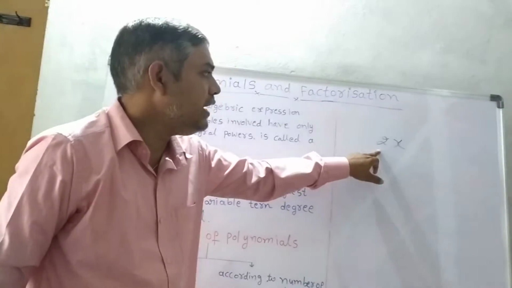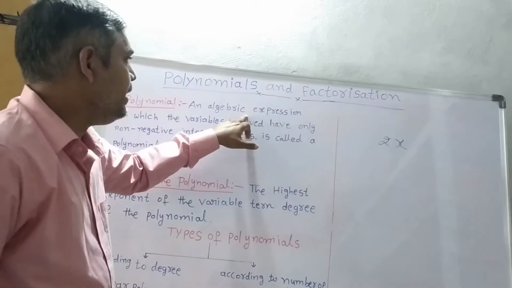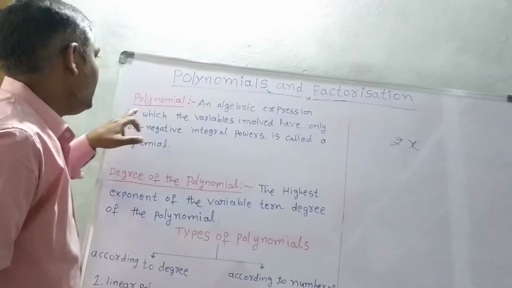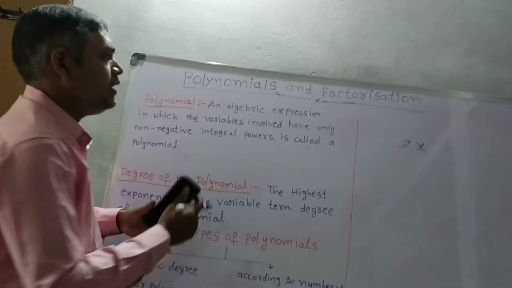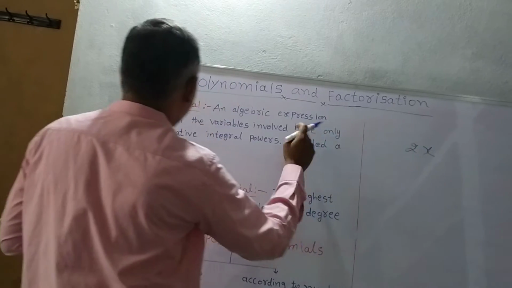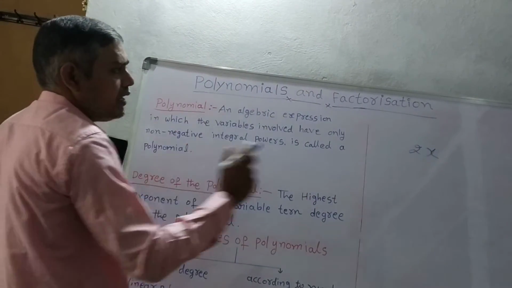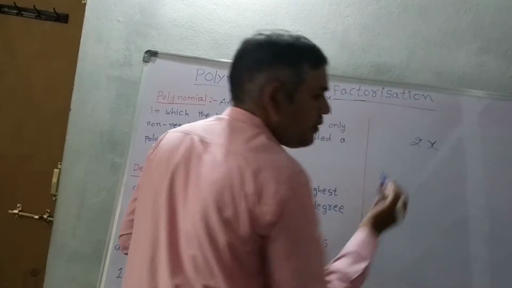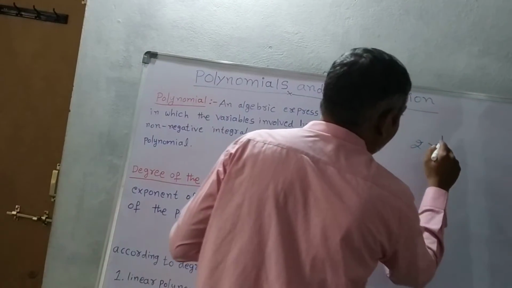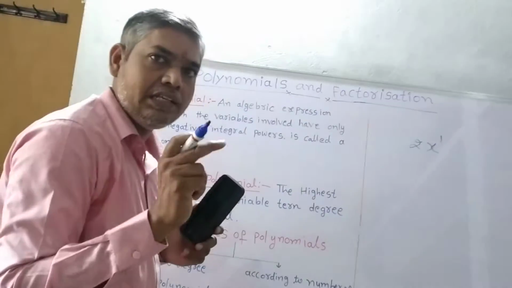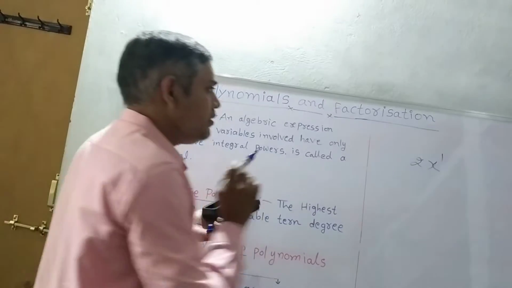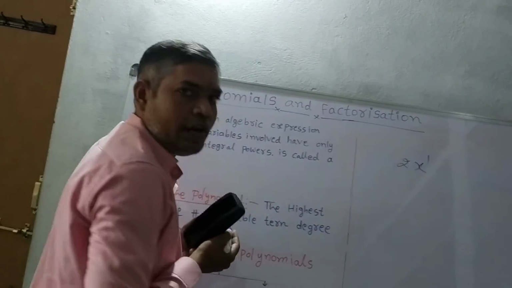That's why 2x is an algebraic expression in which the variable involved, x, has only a non-negative integral power. x has no written power, which means 1. The 1 is an integer and that is a non-negative number. That's why 2x is a polynomial.